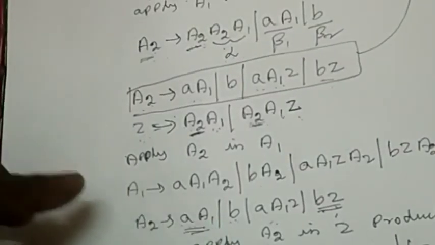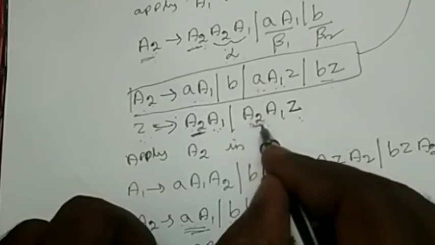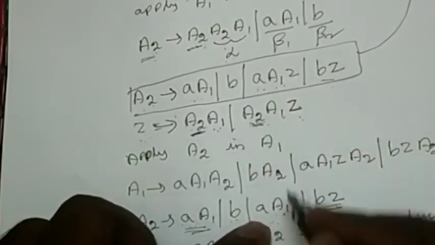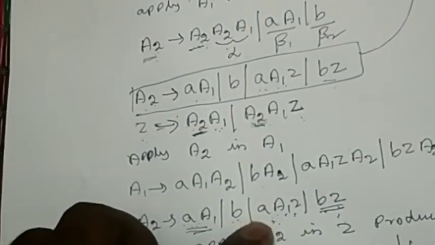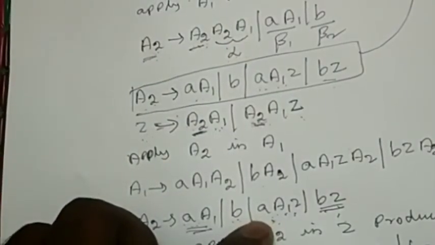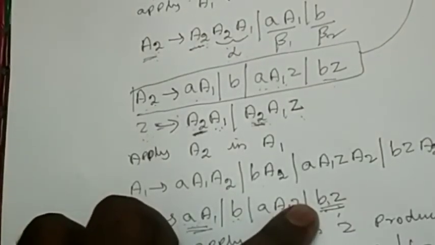Now the next one is A1. In this format, replace this A2 by A1, A1. Again one A1 exists over there, bar. Now you replace A2 by B, so B A1.